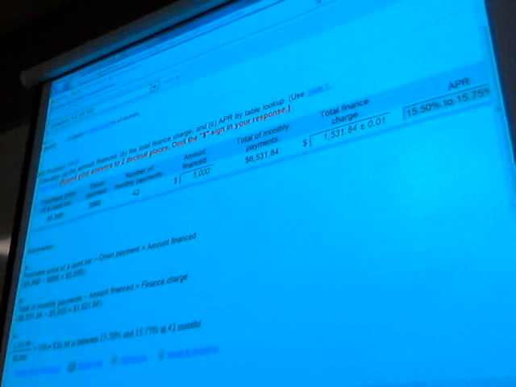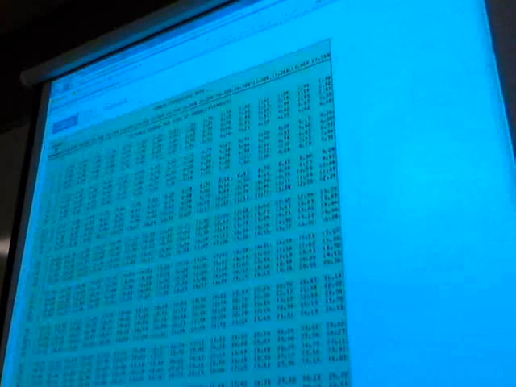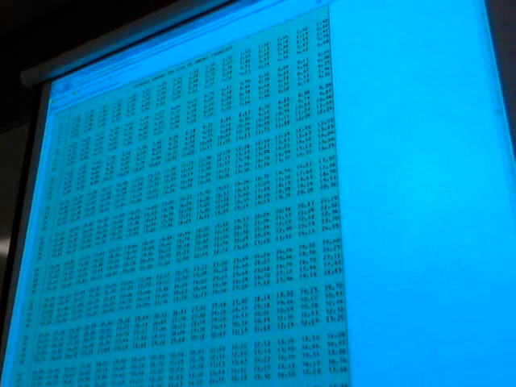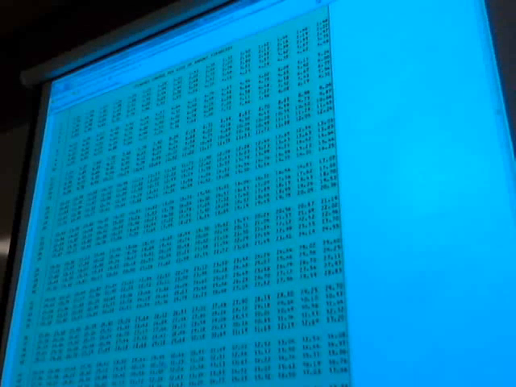So watch, I'll open up the table. Number of payments is 42, and that number is 30.64. It has two tables. Number of payments is 42, right here, and then 30.64 would be right here.